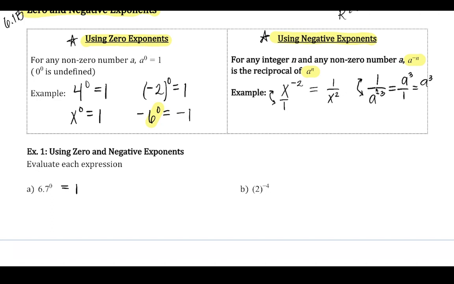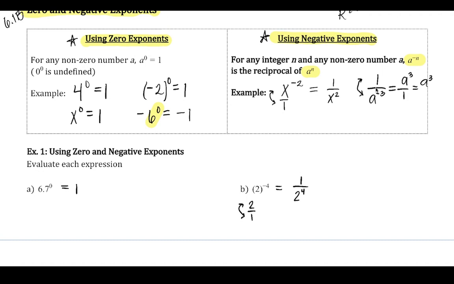And then for b, 2 raised to the -4th power. Because I have a negative exponent, I have to take the reciprocal of the base. My base is 2. I can always think of a whole number as being over 1. So if I wanted to find the reciprocal of 2, I would flip that over, and it would become 1 over 2, and then instead of -4, it becomes +4.